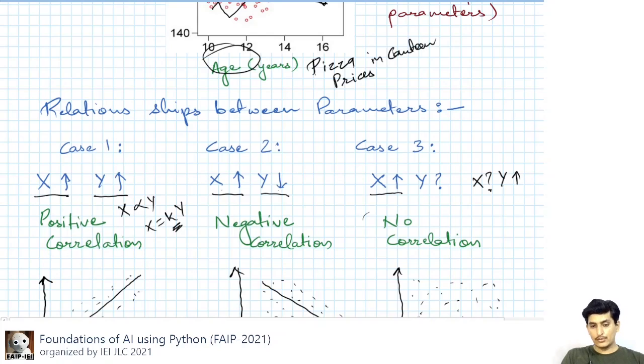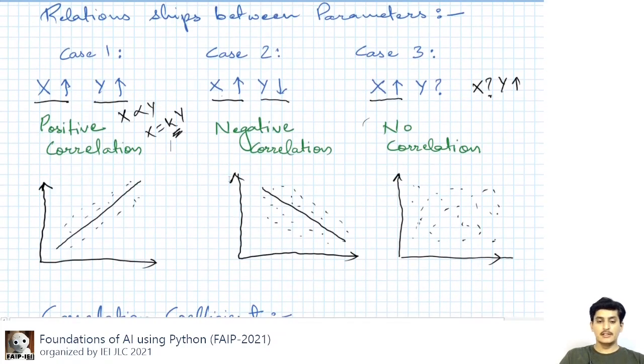However, in case 2, whenever we see larger values of x, we see smaller values of y. In such a case, we say that there is a negative correlation. And in all these cases, we will get to see such kind of scatter in our scatter plot. So when there is positive correlation, we will get our data distributed somewhere along a line y equals x.